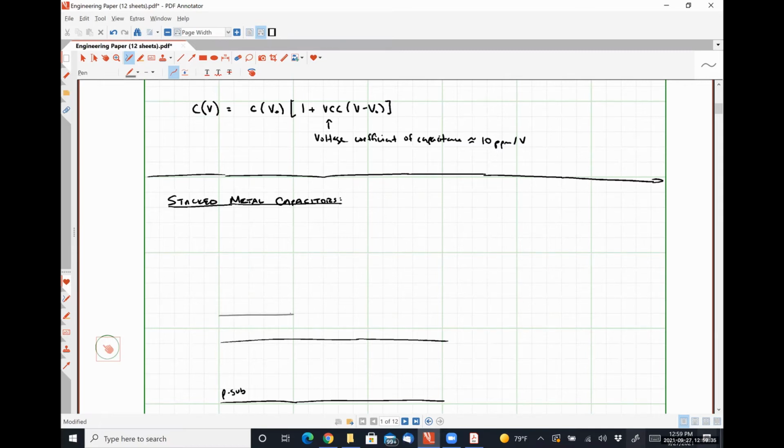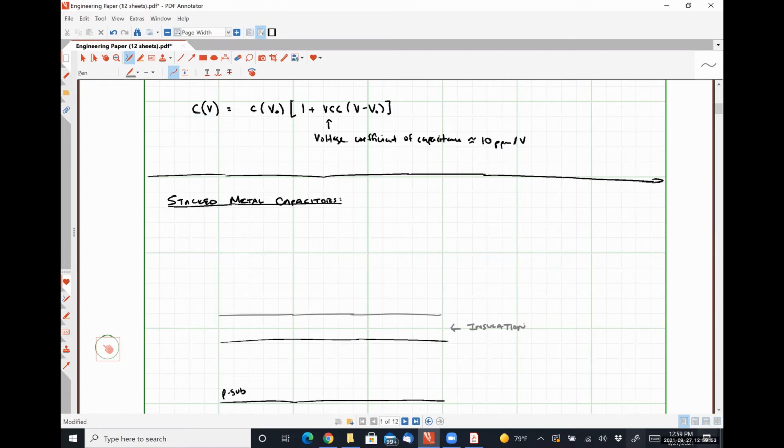We have our insulation layer where our two poly layers exist, right?